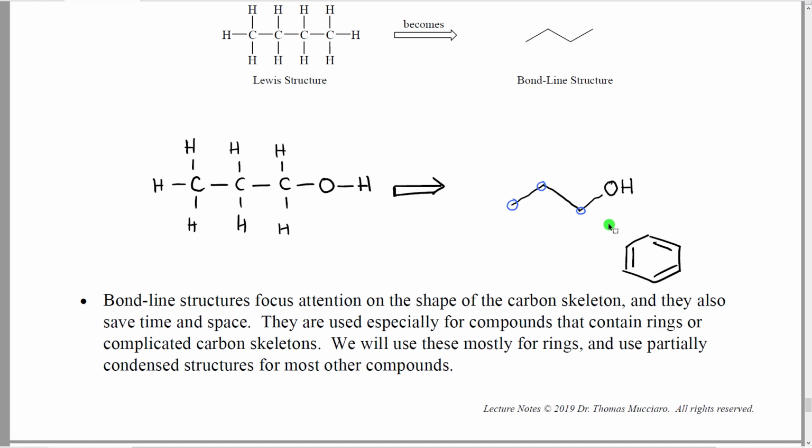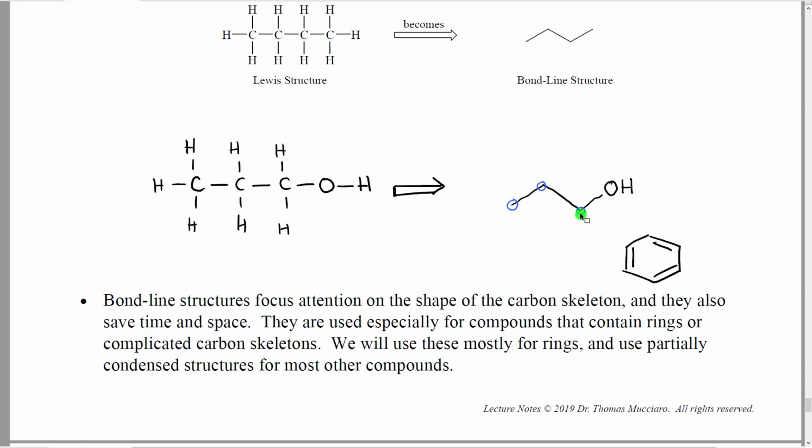Now, it's very important to understand that when there is an element, an atomic symbol written at the end of a line, there is not also a carbon. So specifically right here, there is no carbon. There is the oxygen. That's why it's written.